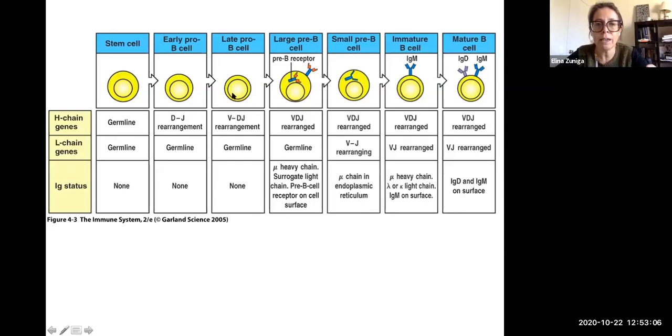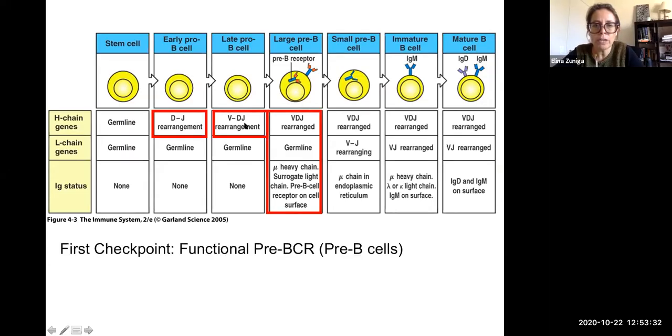After that, the cell matures into a late pro-B cell, and can now start the rearrangement of a V with the already rearranged DJ, which will encode a rearranged variable region of the heavy chain. At this point, there will be a functional checkpoint in this transition.